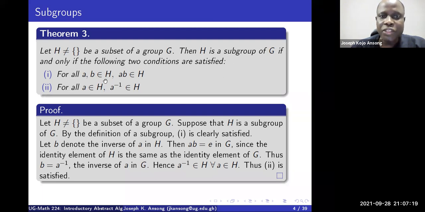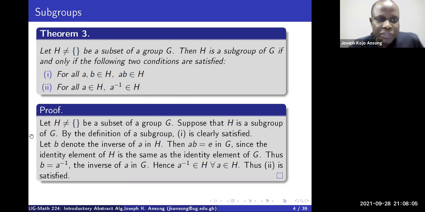For all a and b in H, ab, which is a star b, the operation, is an element of H. And if I pick any element a in H, it has an inverse which also belongs to H. So this is if and only if. If H is a subgroup, I expect these two conditions to be satisfied. Conversely, if these two conditions are satisfied, I can conclude that H is a subgroup. So often to prove that something is a subgroup, you can verify these two conditions, and if they hold, you can conclude that it is a subgroup.